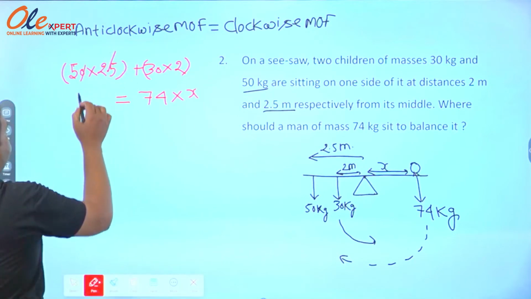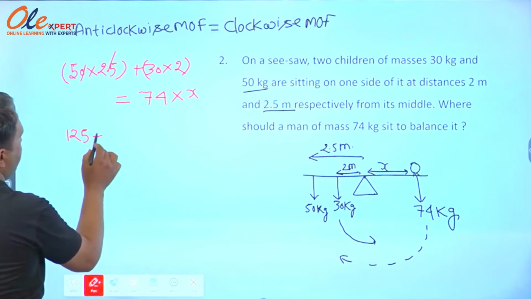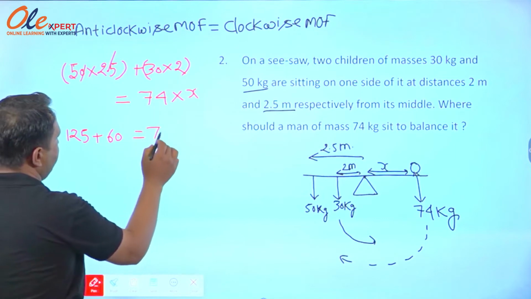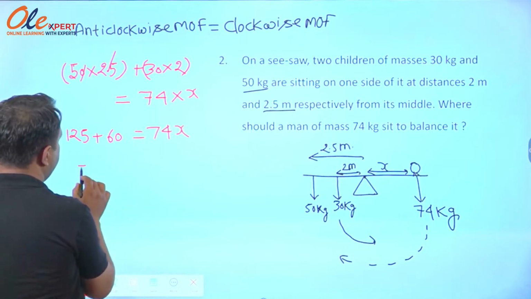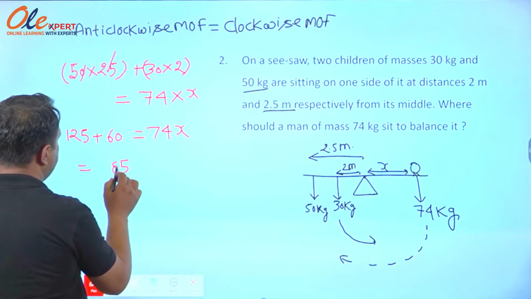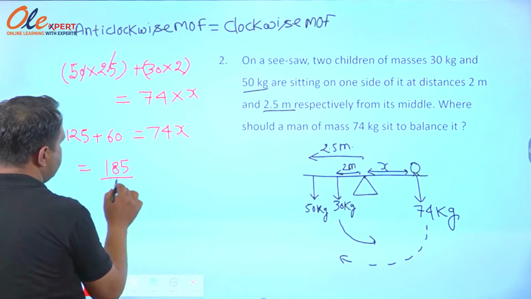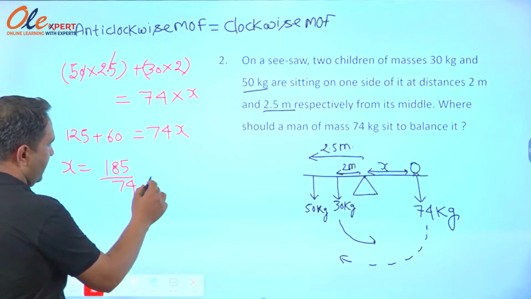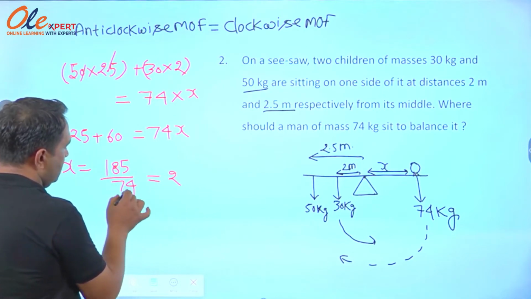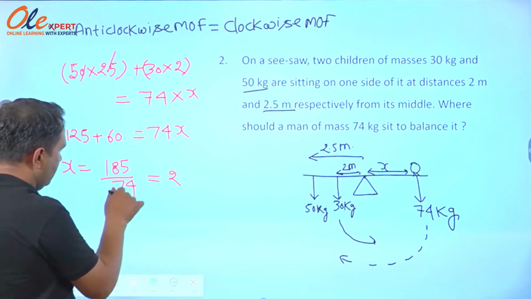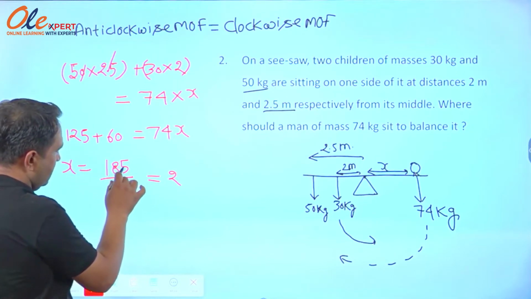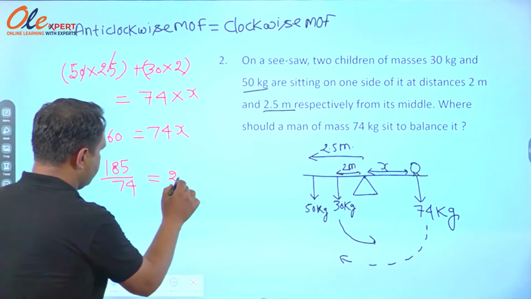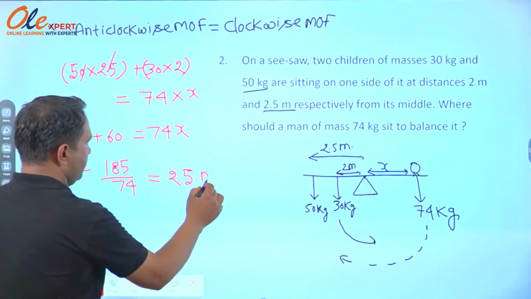So, it will become 125 plus 60 is equal to 74x. So, it will become 185 upon 74, x is equal to, and it will be 2.5 meter.